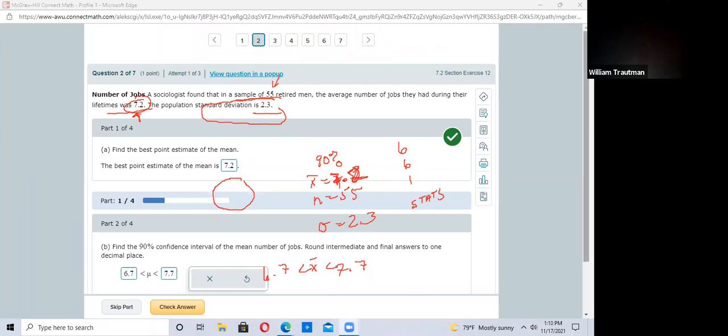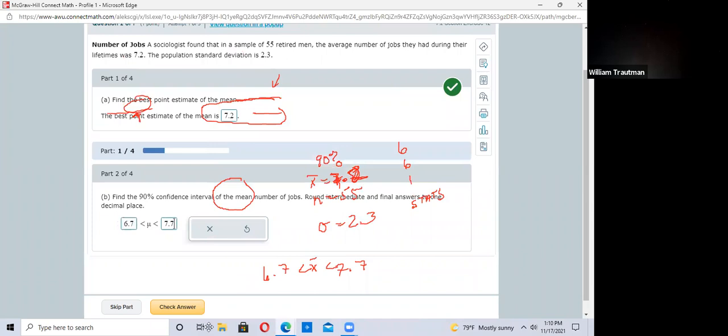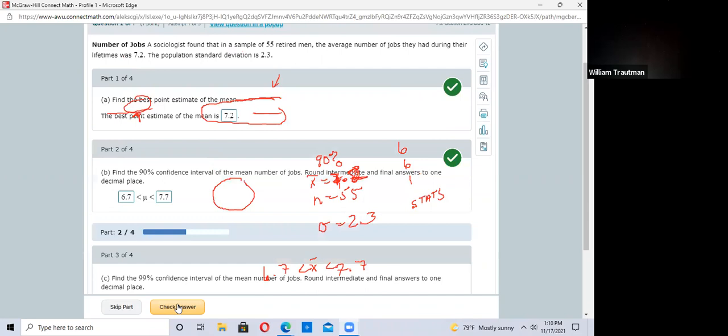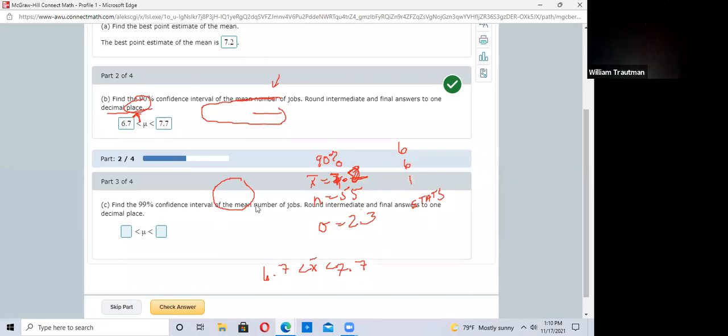Let's check that. And we got it correct. Then it asks you to find the 99% confidence interval. You have everything typed in there. It's all the same data except change it to 99%. So, nothing new. Menu 6, 6, 1, put it on stats. Standard deviation was 2.3.